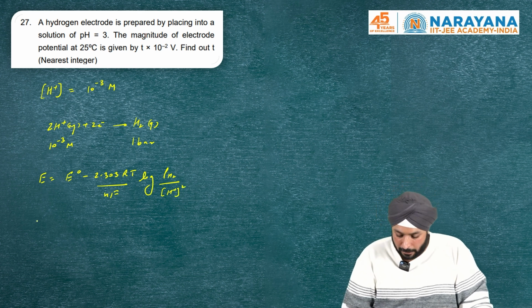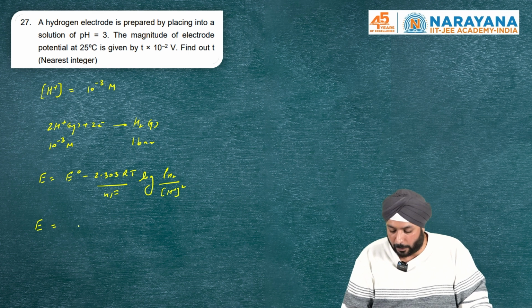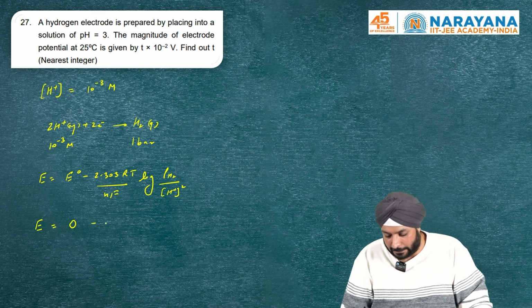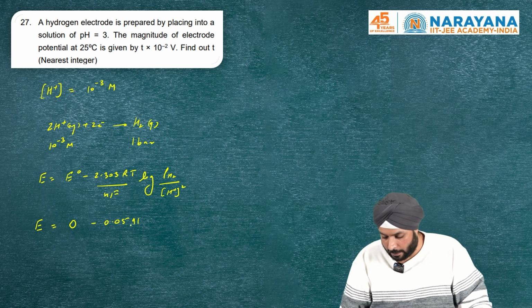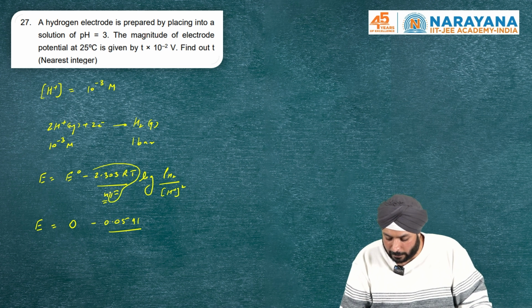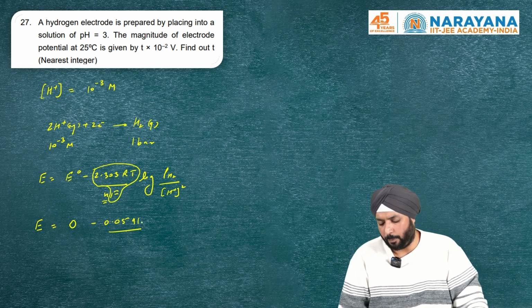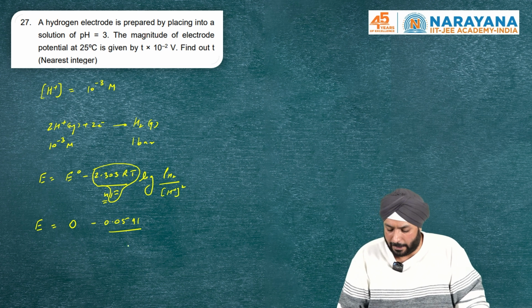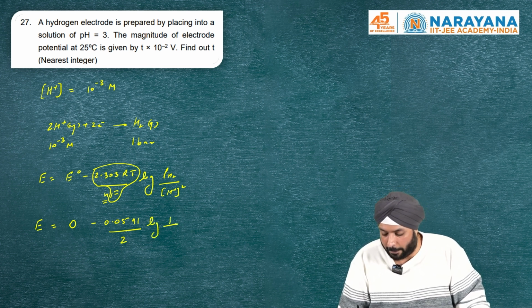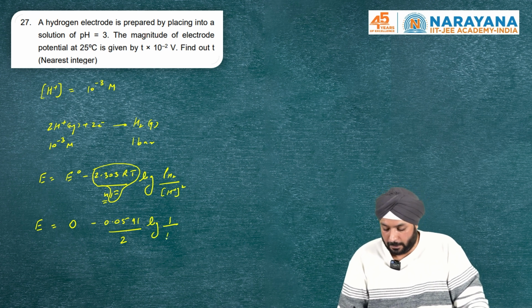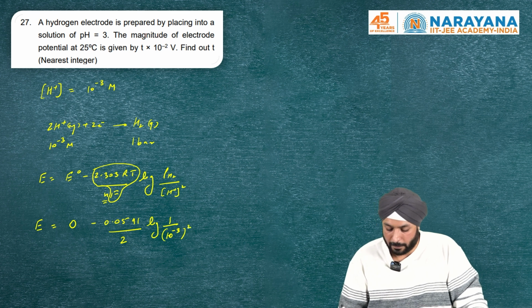Here I want to calculate E, which is equal to E naught, which is 0, minus 0.0591 by n factor. This direct value is 0.0591 and n factor is given to us as 2, where log of 1 by 10 to the power minus 3 whole square.